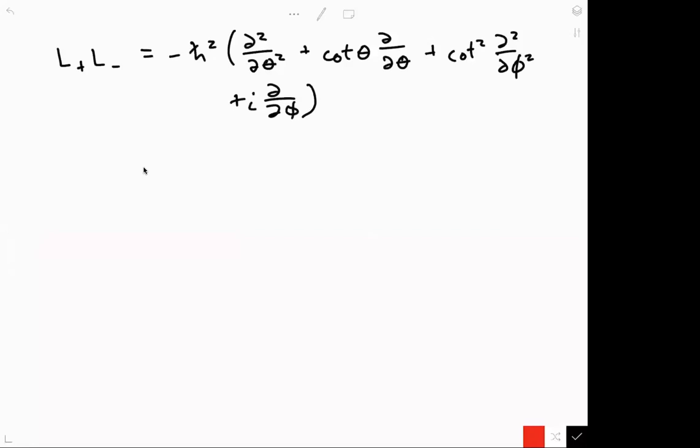Now, remember that we could write our angular momentum, let's back that up.